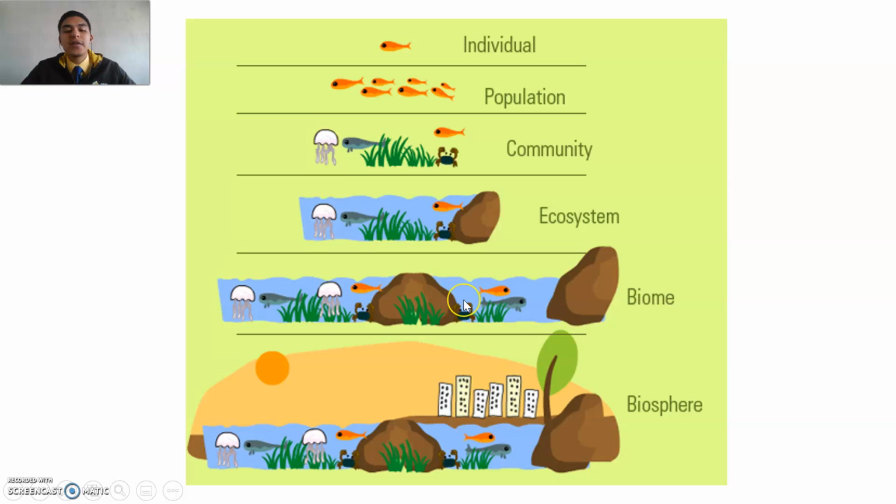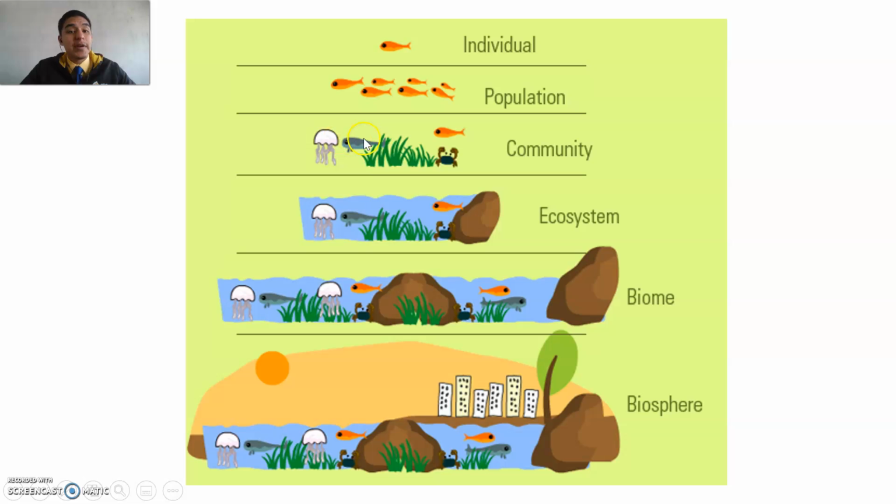Biome, we are talking about a place with very specific characteristics, a location that has the same climate as well as a certain type of species of plants and animals around. Then ecosystem is a little bit smaller. We are talking about a more specific place, such as, it can be an ocean directly, as it's right here. Let's say the Pacific Ocean.